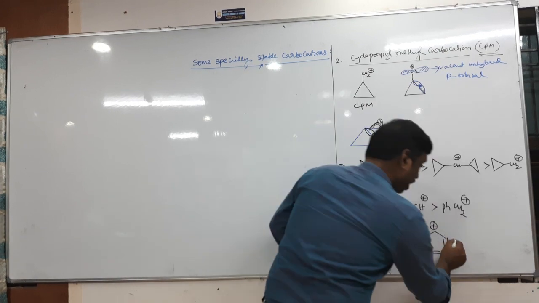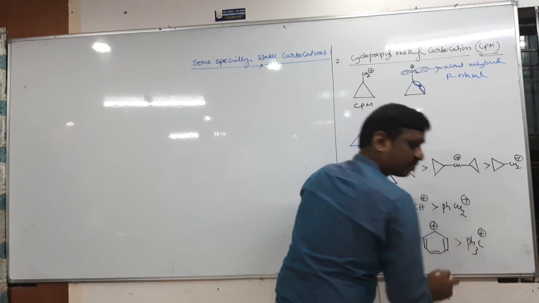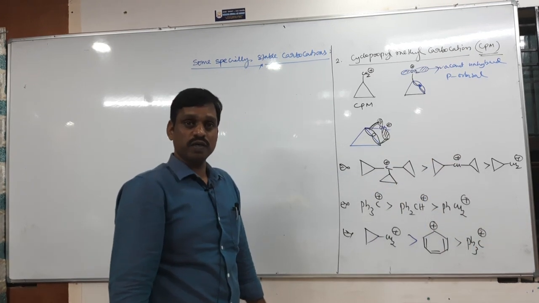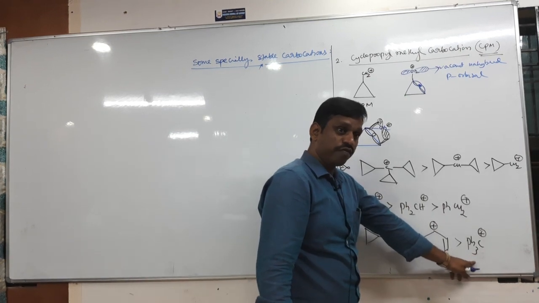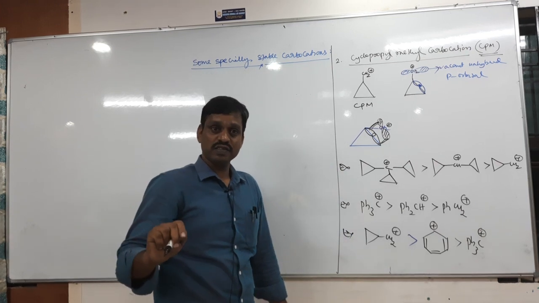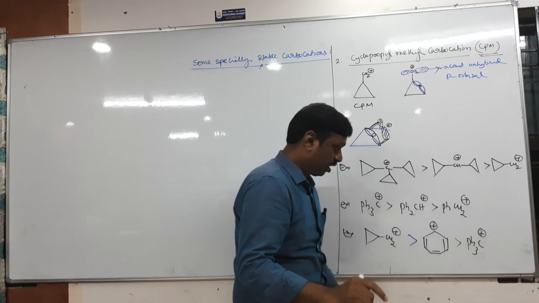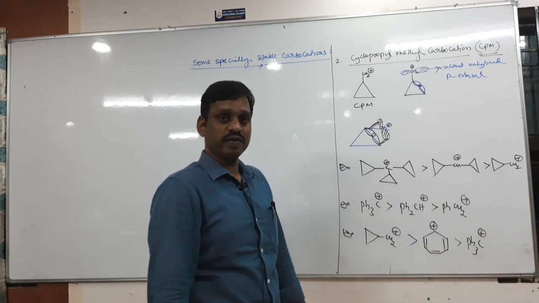Then tropylium is more stable than triphenyl. Even though triphenyl has 3 phenyl rings with 12 resonance structures, tropylium is more stable than triphenyl methyl carbocation.